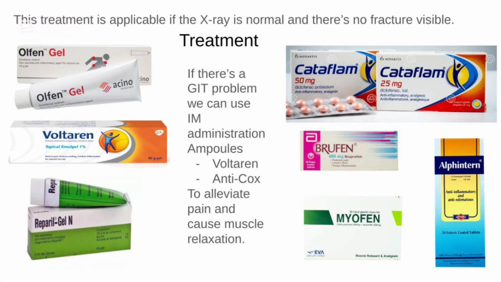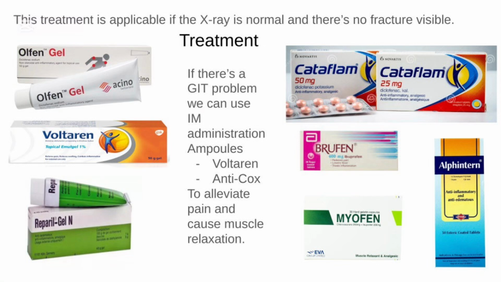If there is a GIT problem, in giving analgesics, easing of pain and muscle relaxants, we usually give them by intramuscular administration, like Voltaren or Anticox. The main goal for these medications is to alleviate pain and cause muscle relaxation in order for the patient to feel at ease.